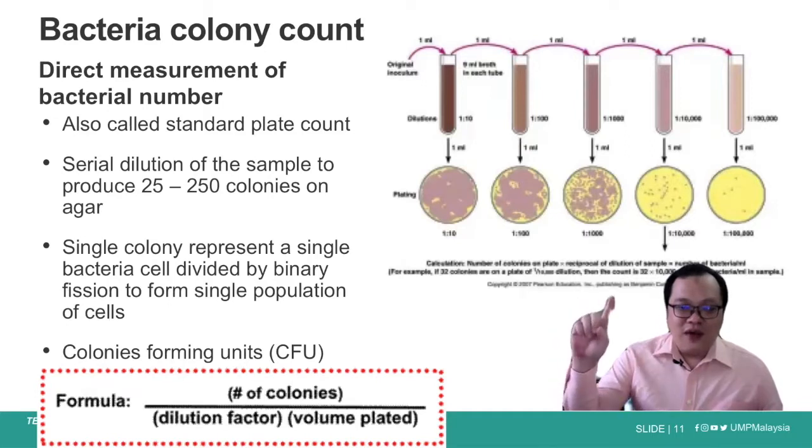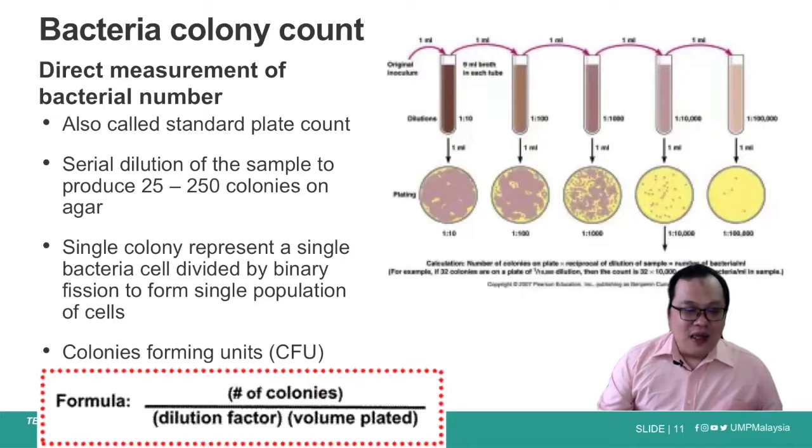So after we have counted the 4th plate, we're going to use it in the calculation of CFU. The formula is CFU per ml equals the number of colonies that you count in the plate divided by the dilution factor times the volume plated, where in this example, the dilution factor is 10 power of negative 4.